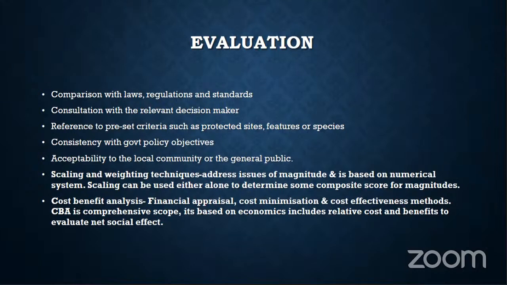The scaling can be used alone to determine a composite score for magnitudes. So scaling gives a number. If the number is good, the project is in accord with the environmental safeguards. If the number is very low, it has a large adverse effect. So in this way we can evaluate scaling.